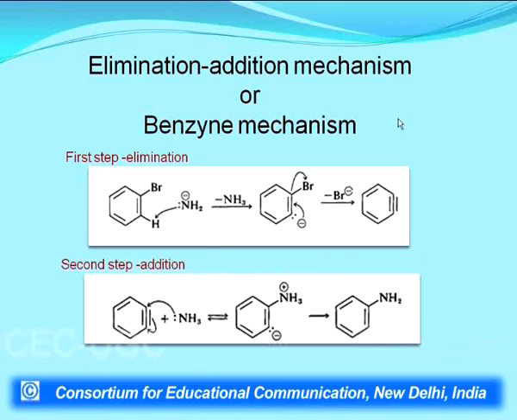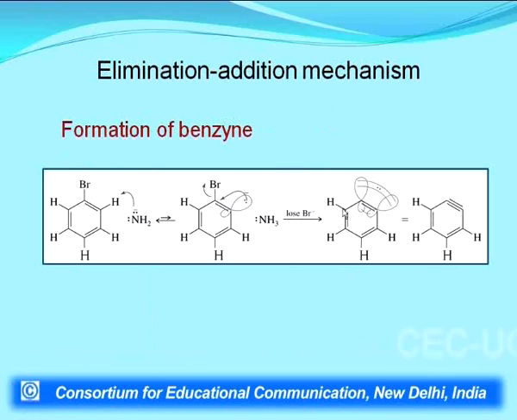Again this reaction shows second order kinetics, and obviously the first step is a slow step because it leads to the formation of a very unstable intermediate. We can explain this formation of benzyne with the help of this orbital diagram.